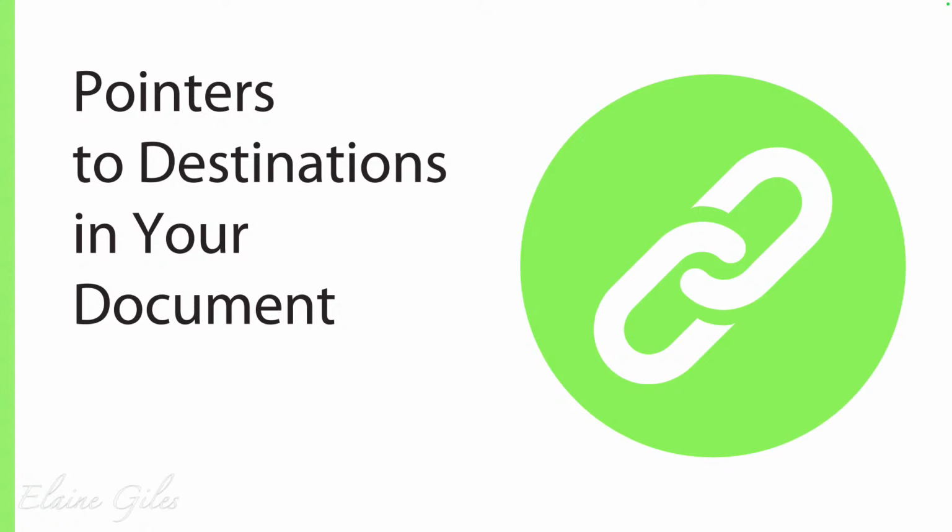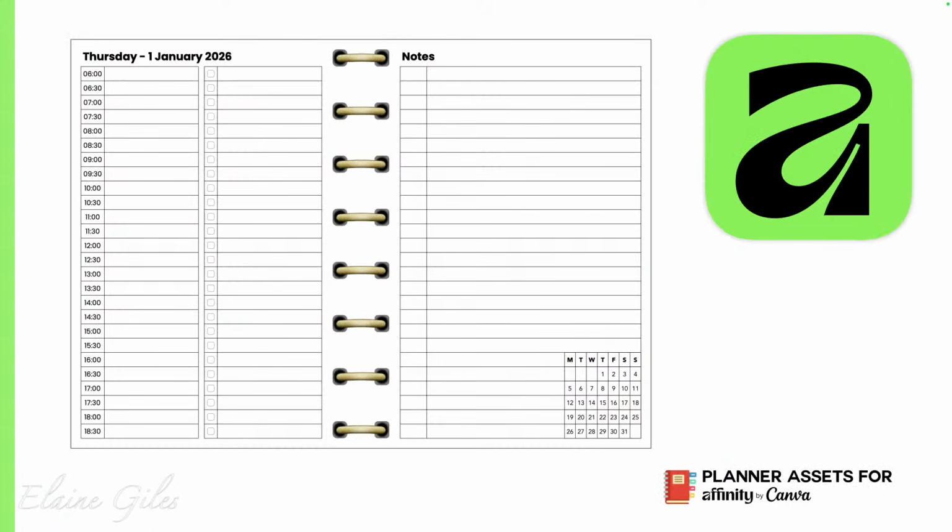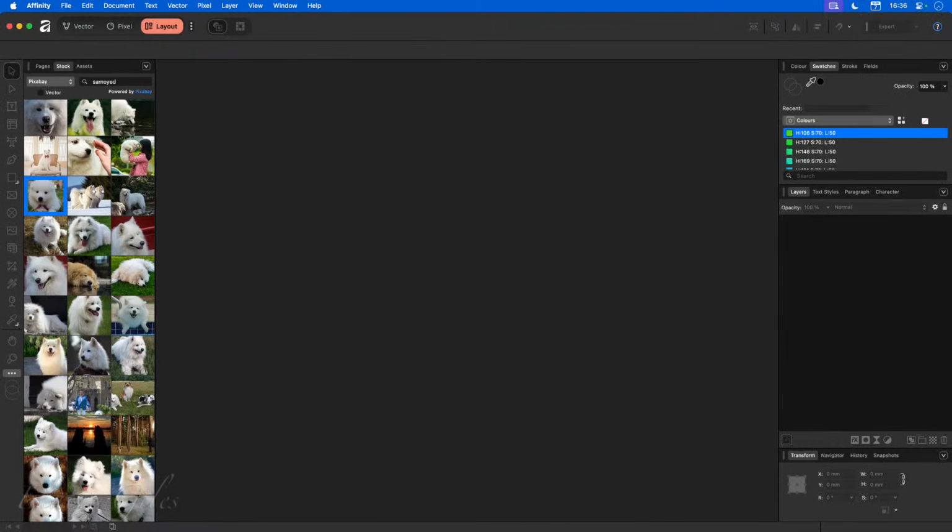And the file that I have ready and waiting to do that is this one, which does have the planner rings in the middle. What we want to happen is the mini calendar in the lower right will navigate us through the 31 days of January. That is what we're aiming for. So let's have a look at that.